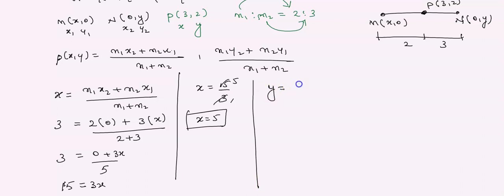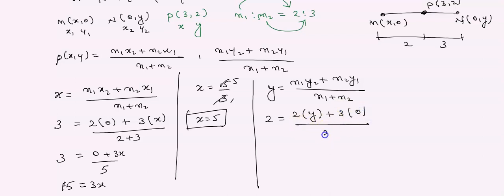Now shall we find the value of y? y equals (m1 y2 plus m2 y1) by (m1 plus m2). Now the value of y here is 2, equals m1 which is 2 into y2 which is y, plus m2 which is 3 into y1 which is 0, by 2 plus 3, which is 5. 2 fives are 10 equals 2y.